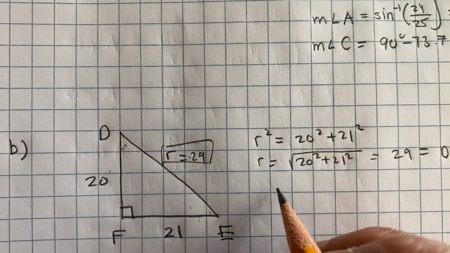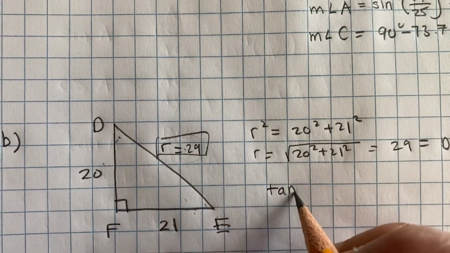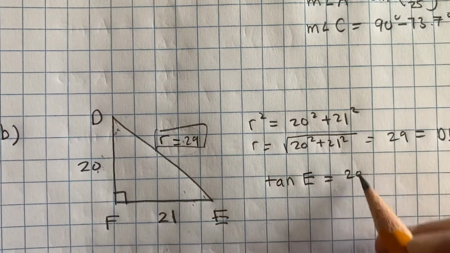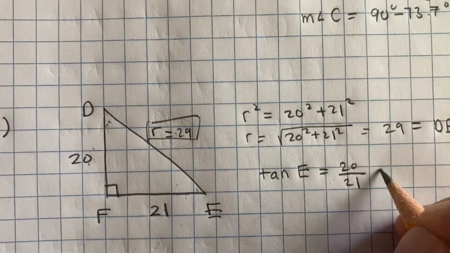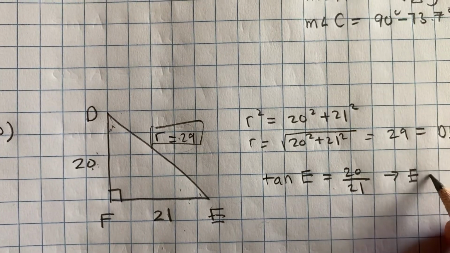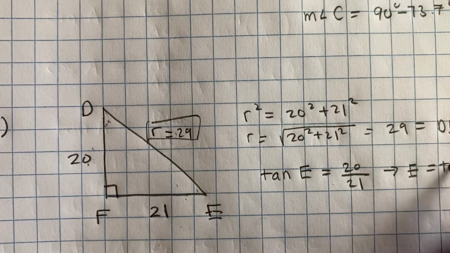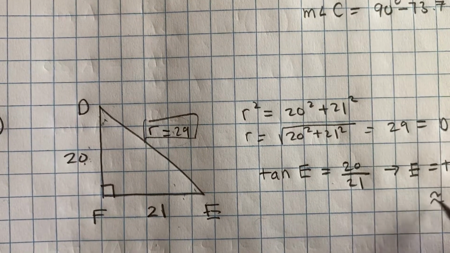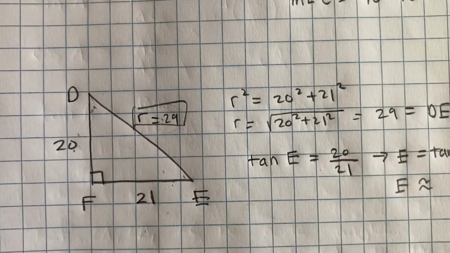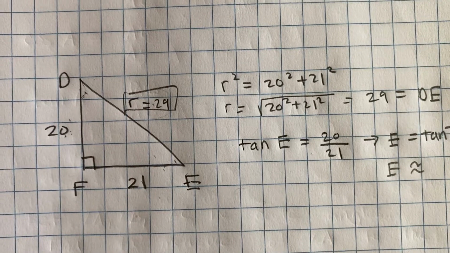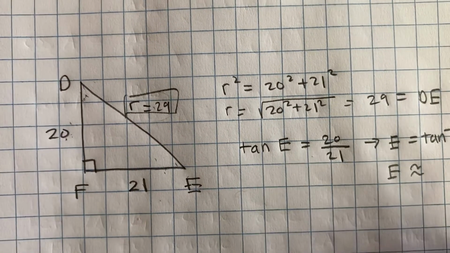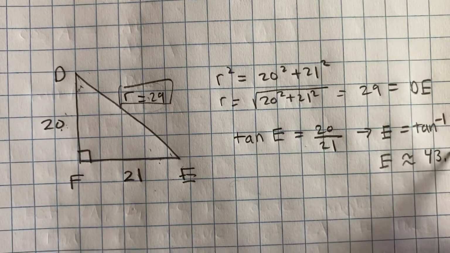Opposite over adjacent is tangent, so tangent of angle E is 20 over 21. To get angle E by itself, you take the tan inverse of 20 over 21. Enter this on the calculator: second, tan, 20 over 21. You're going to get approximately 43.6 degrees.